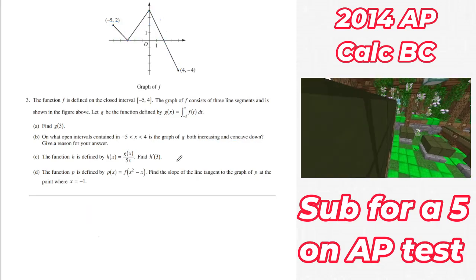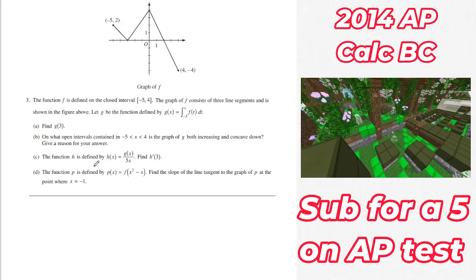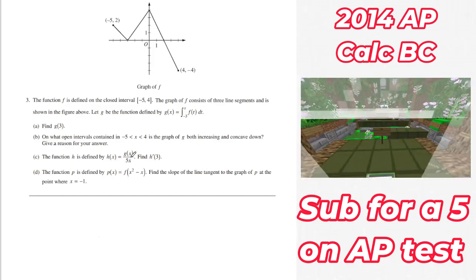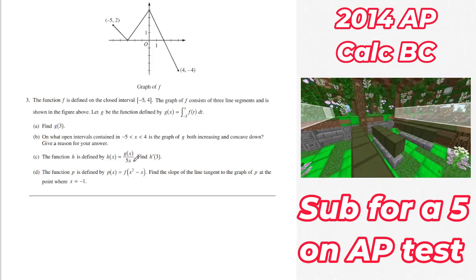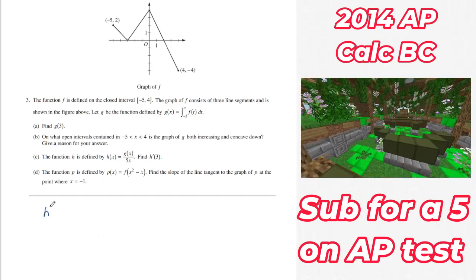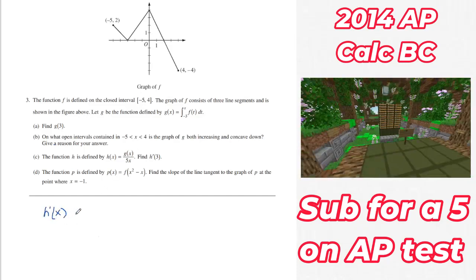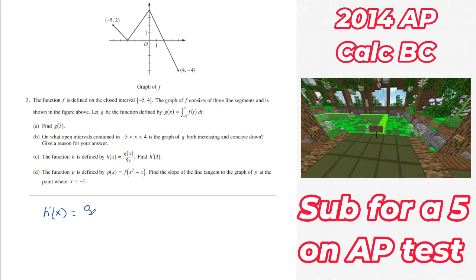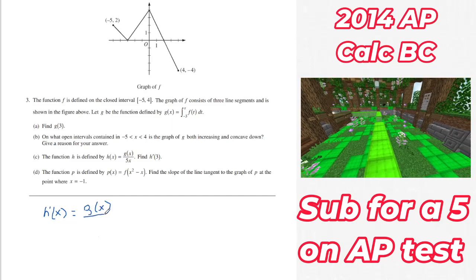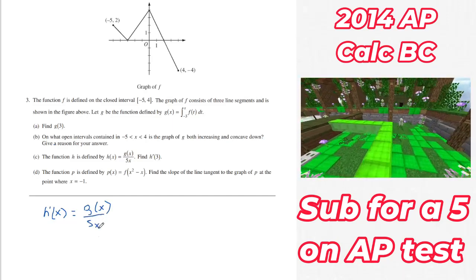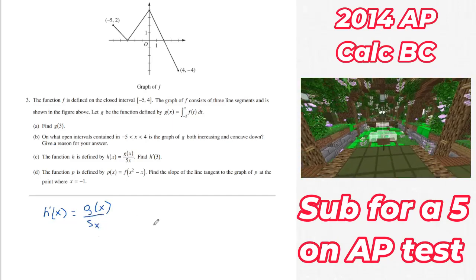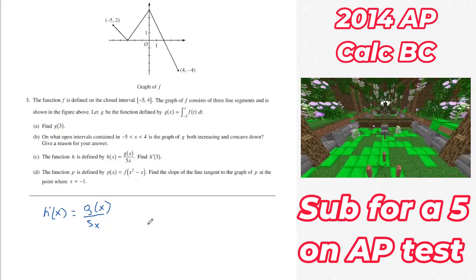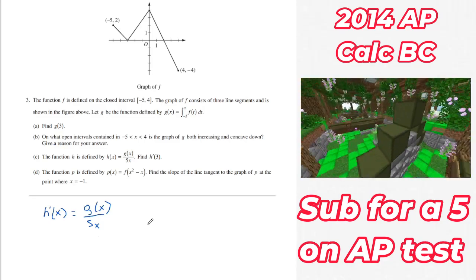And that's question B. In question C, we are asked to find h prime of 3, and we're given that h of x is equal to g of x divided by 5x. So let's write this out here. This basically just looks like it's going to be some calculating. So we have this g of x divided by 5x, and now when we take the derivative, you just need to remember your division derivative rule.